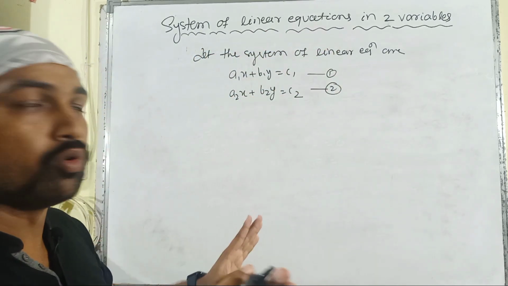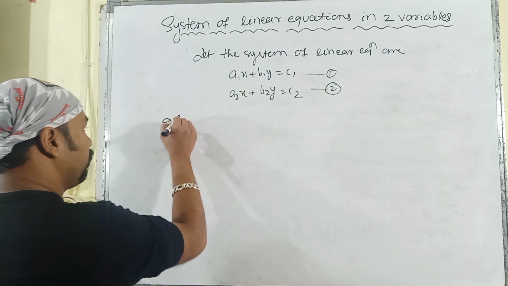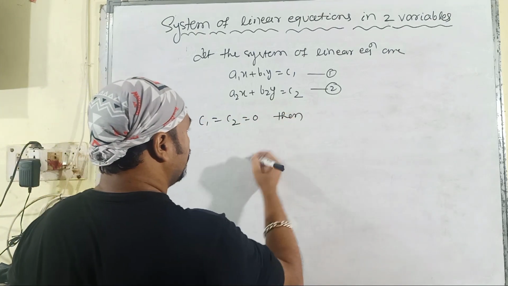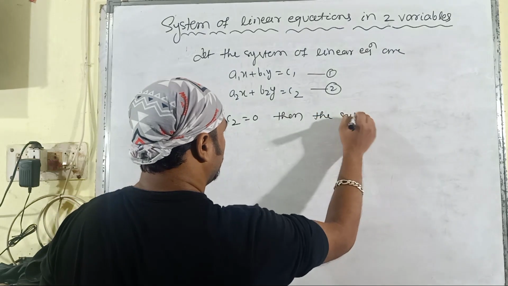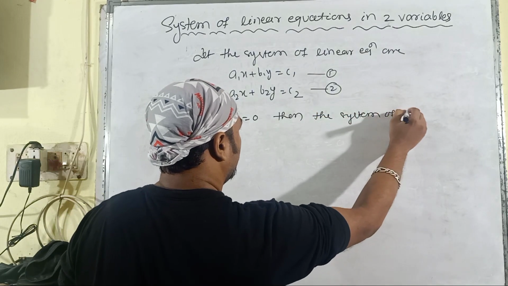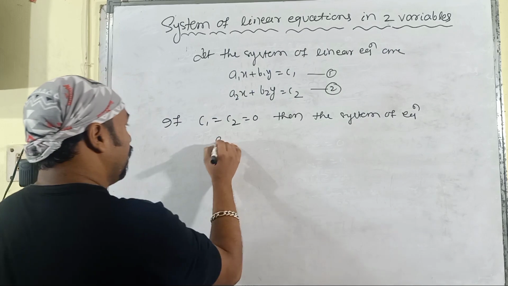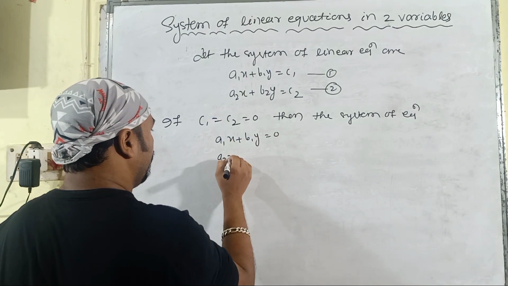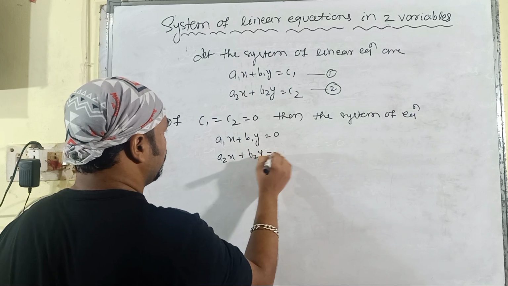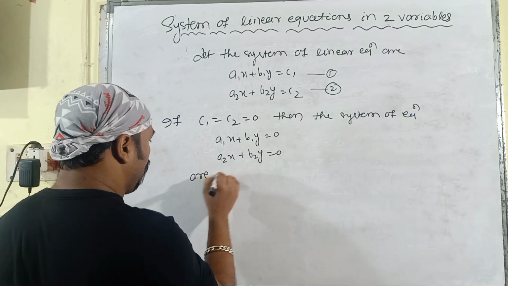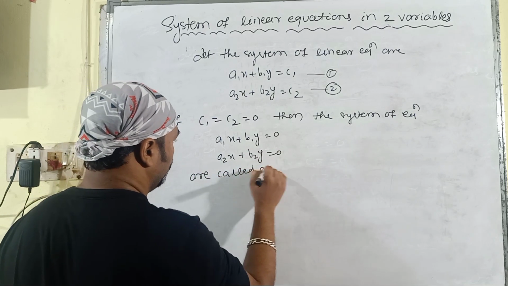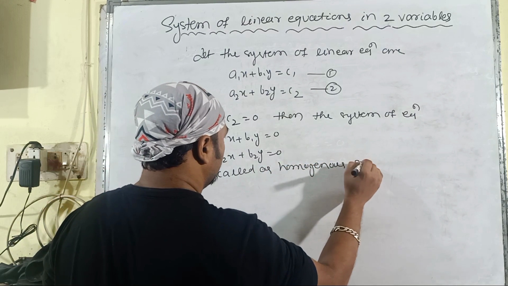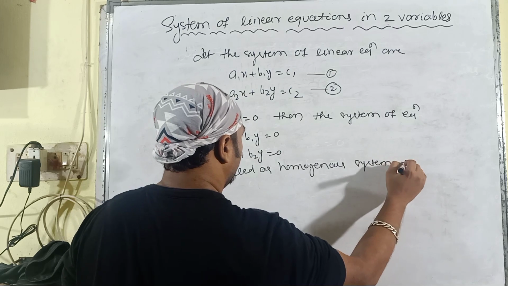That means two unknowns. If c1 is equal to c2 is equal to 0, then the system of equations a1x plus b1y is equal to 0, a2x plus b2y is equal to 0 is called a homogeneous system of equations.